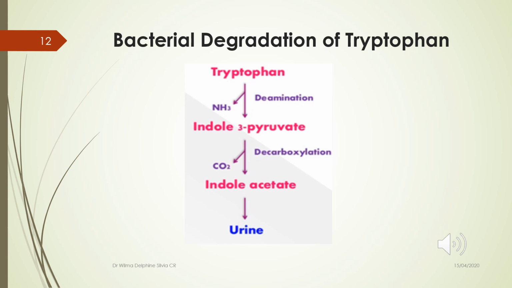Liver and intestinal bacteria can convert tryptophan to tryptamine and then to indole acetic acid. So the major urinary excretory product is indole acetic acid, and 5-hydroxy-indole acetic acid from serotonin.